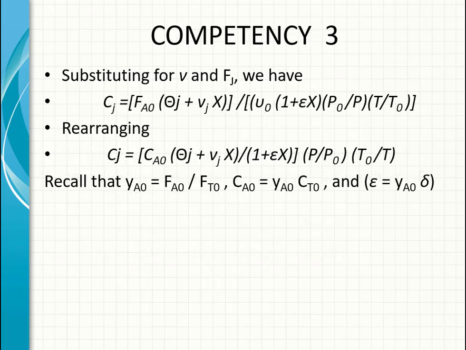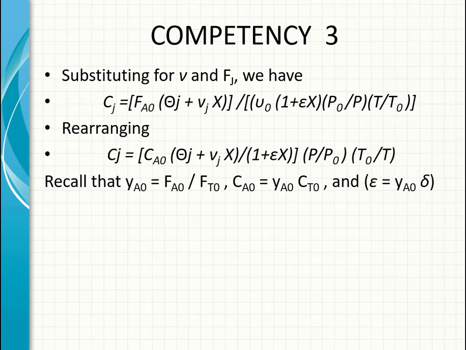So, substituting these values for nu and Fj, we will have that Cj is going to be Fa0 times theta J plus nu J times X, all that divided by v0 times 1 plus epsilon X times P0 divided by P times T divided by T0.